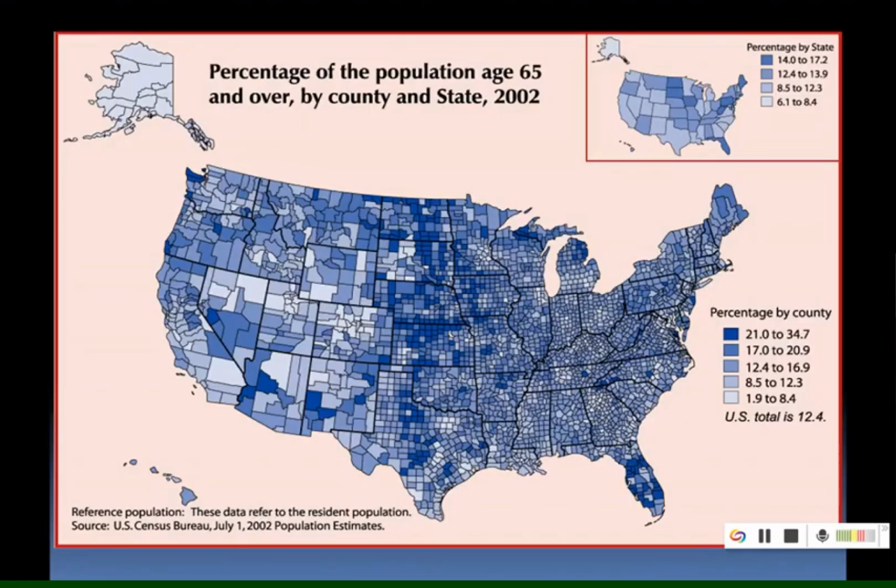Here is a distribution map by county that shows where older folks are located, up to 33% in some of these dark blue areas. Just looking at the Great Plains, you can see both on the Canadian border and through the central, rural parts of the Great Plains, and actually consistently throughout the country, is where the oldest old reside.